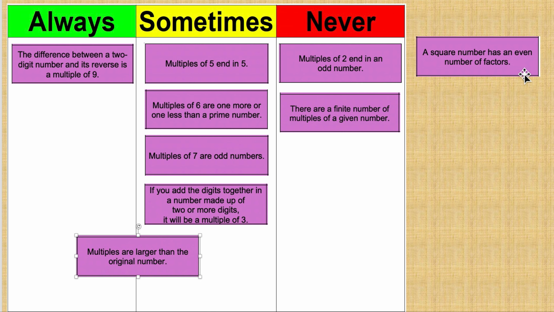How about this one? A square number has an even number of factors. So factors are the numbers that are evenly divisible into the number. If I pick a square number like 36, the factors of 36, if I create my factor pair list, are 1 and 36, 2 and 18, 3 and 12, 4 and 9, and 6 and 6.